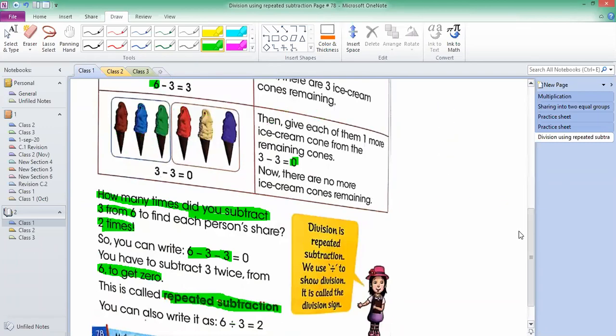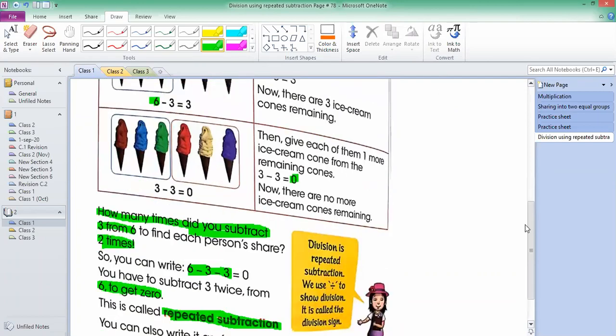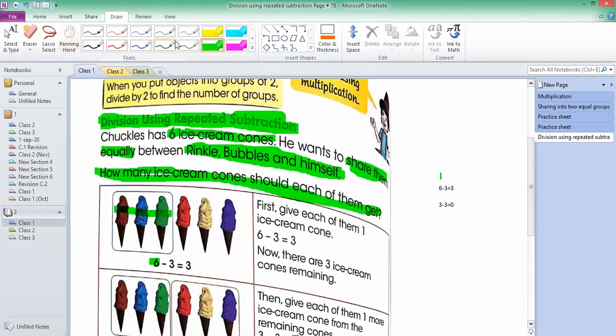And how will you get the answer? In order to get the answer, you will see how many times you subtracted in order to reach 0. So this is one time and this is two times. How many times did you subtract to reach 0? Two times.